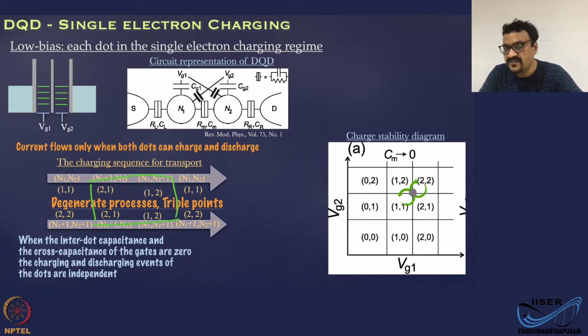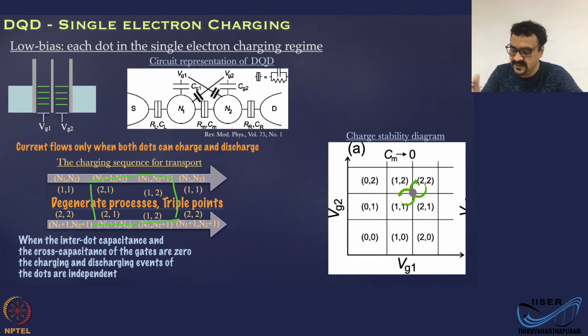You have the source drain bias, you have gate voltage VG1, and you have gate voltage VG2. What generally is done is you keep the source drain voltage constant, at a small value. Let's discuss the case when the source drain voltage is very close to zero. That means it is really, really small.